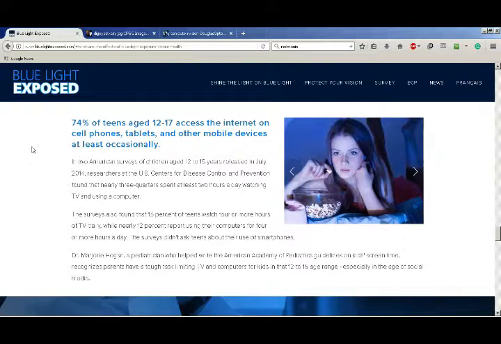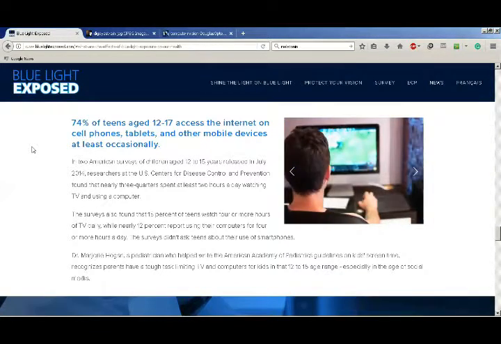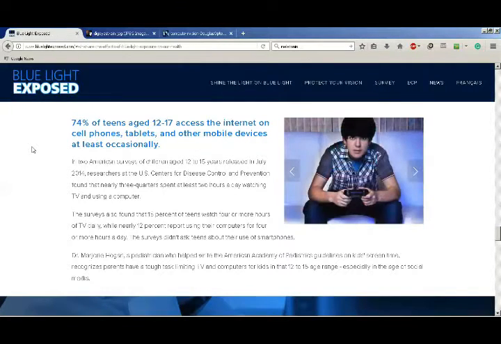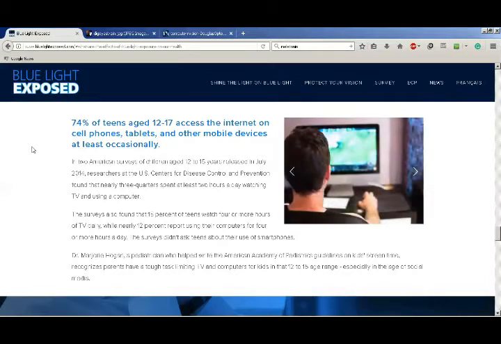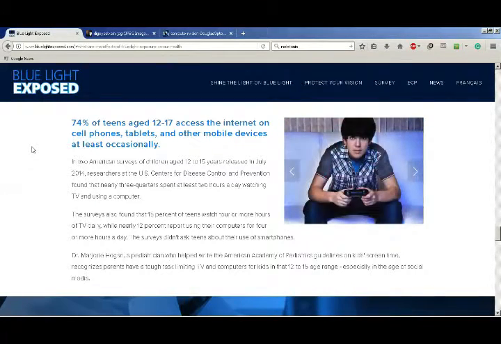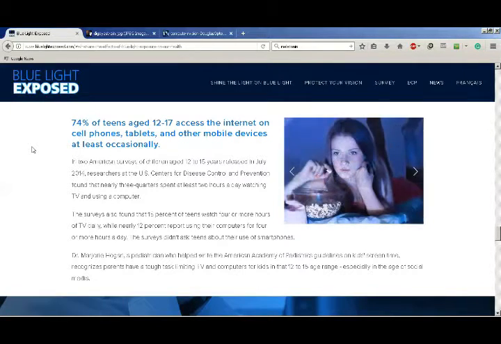Teenagers are at a higher risk than a lot of us, because that's all they do, stand in front of the screen and watch TV and be on the phone all day. You understand? So we have to be mindful of these devices and the damaging effects that they can have on our health.